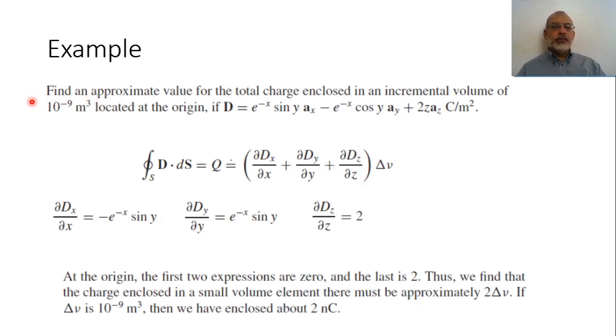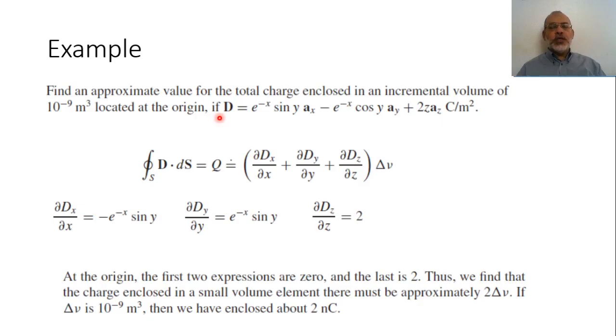As an example, it is required to find an approximate value for the total charge enclosed in an incremental volume. The volume is 10 to the power minus 9 meter cubed, located at the origin. Located at the origin means the point x0, y0, z0.